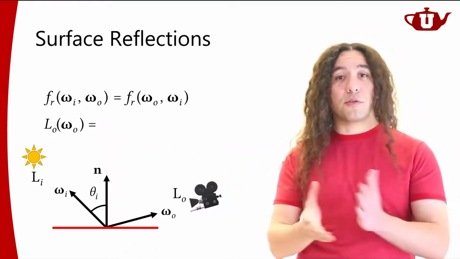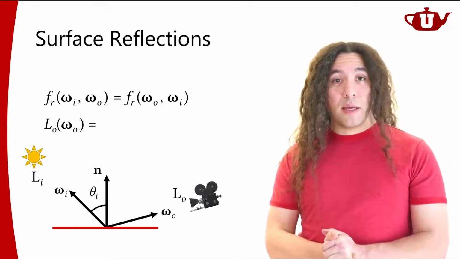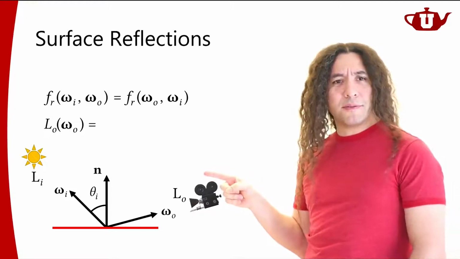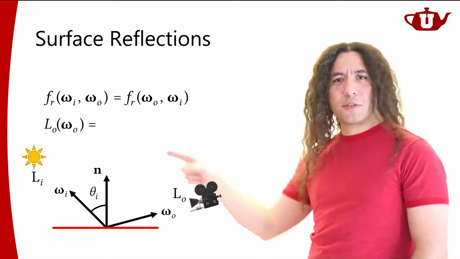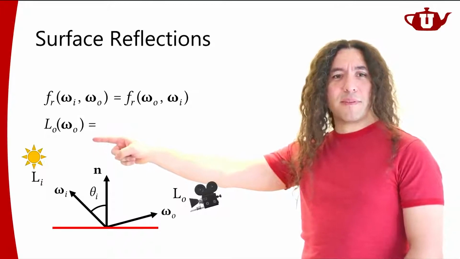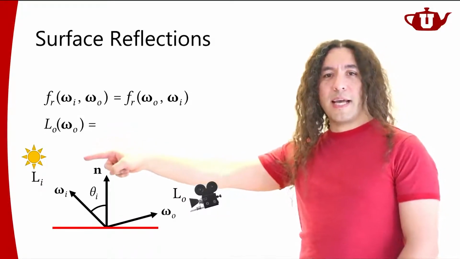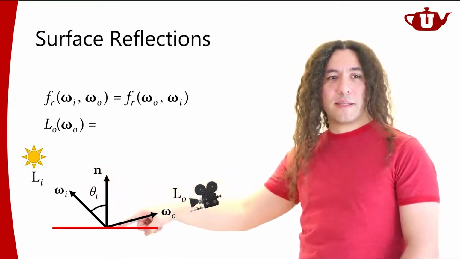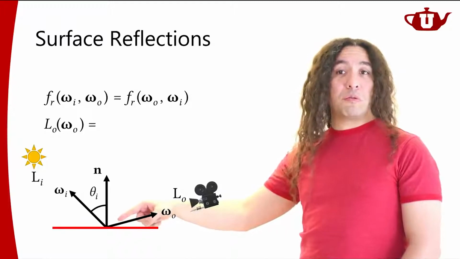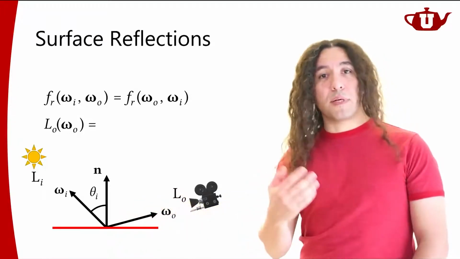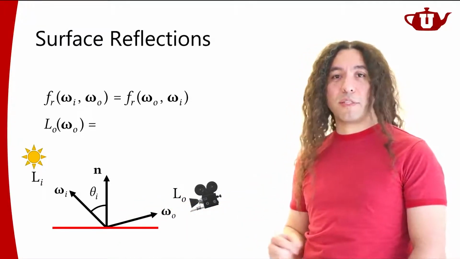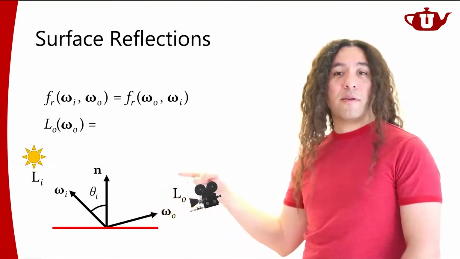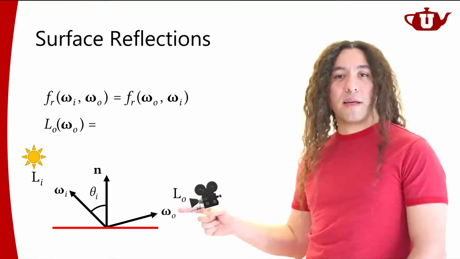Now, we talked about how to do shading, so you should have an idea about what to do here. What do we do to compute this outgoing reflected light? We're going to take the incoming light, whatever that is. If we're using a Blinn material, we use our Blinn material formulation, and we figure out how much light is reflecting along this direction.